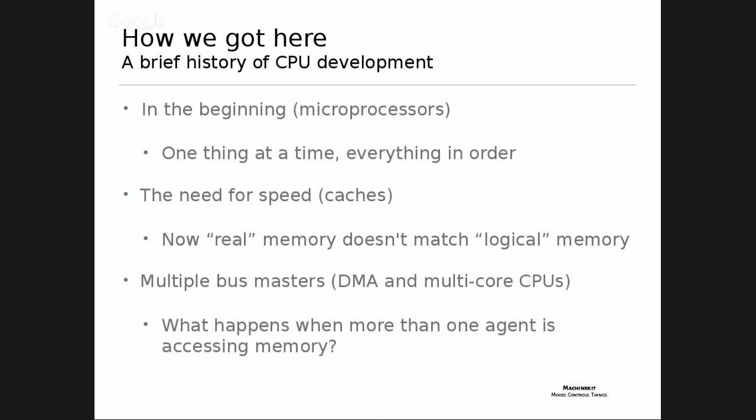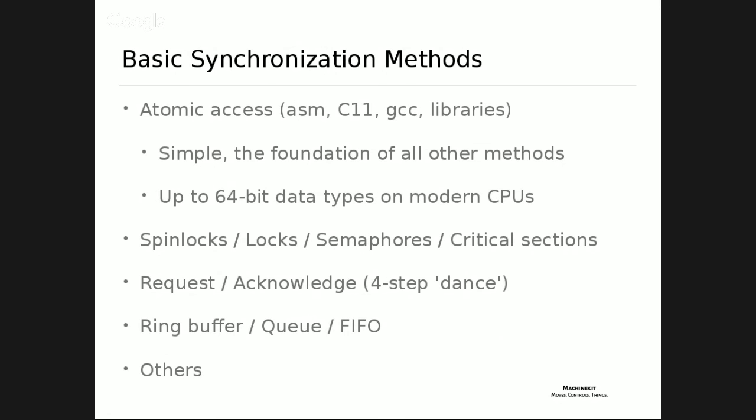Each of those is its own independent bus master trying to talk to memory. And so exactly what the contents of memory are is relatively confusing at times. So if you're talking between processes on different cores or different physical chunks of hardware or different HAL instances or whatever, they have to be synchronized.